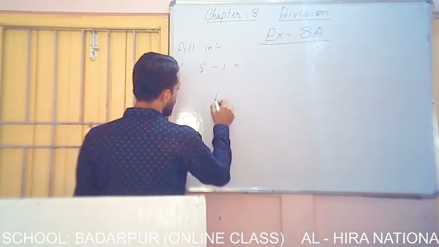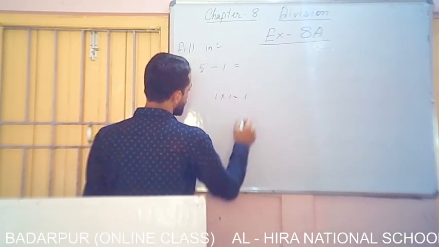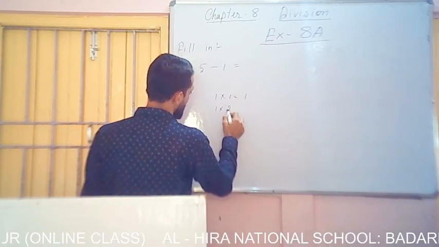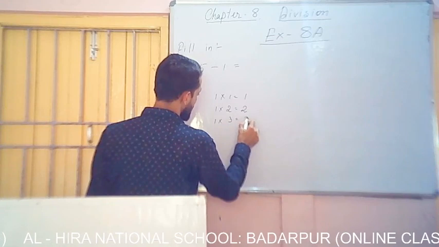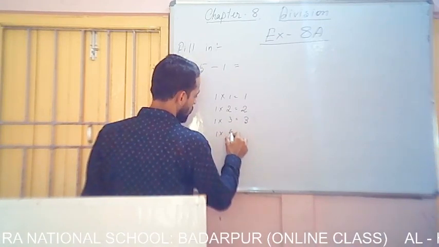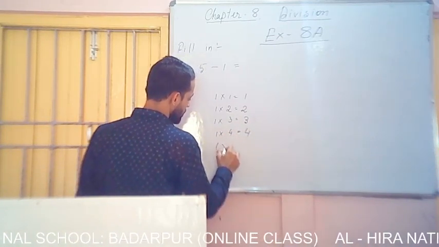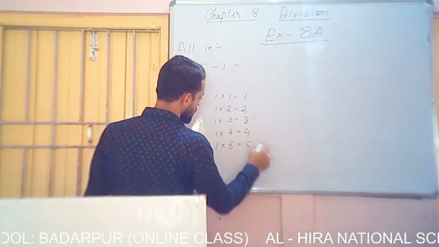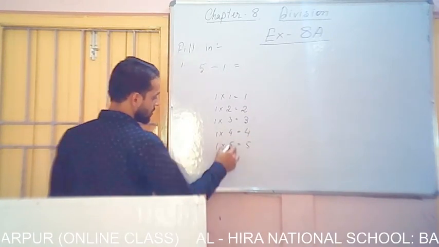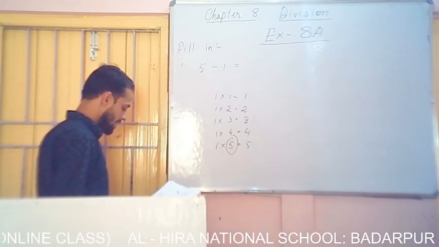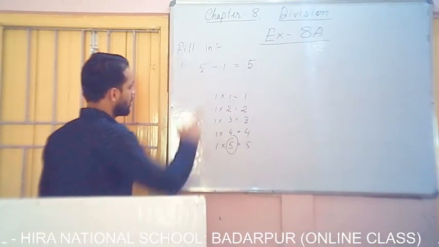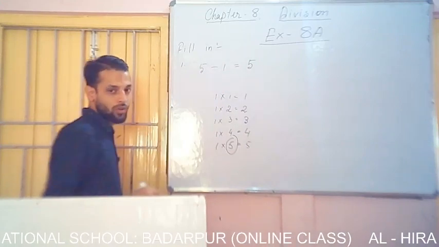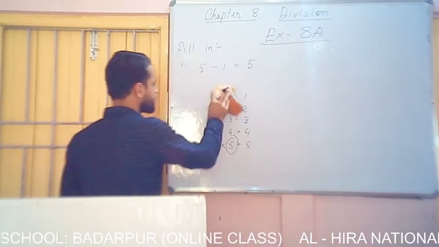Here you see 1 multiplied by 1 equals to what? 1. 1 multiplied by 2 equals to what? 2. 1 multiplied by 3 equals to what? 3. 1 multiplied by 4 equals to what? 4. So what we have to write? We have to write here 5. So if we divide 5 by 1, we'll get what? We'll get 5. Okay.